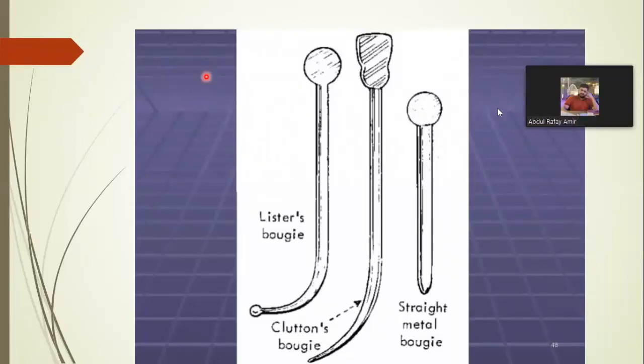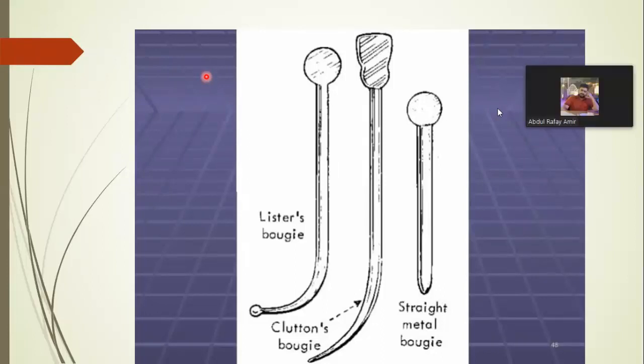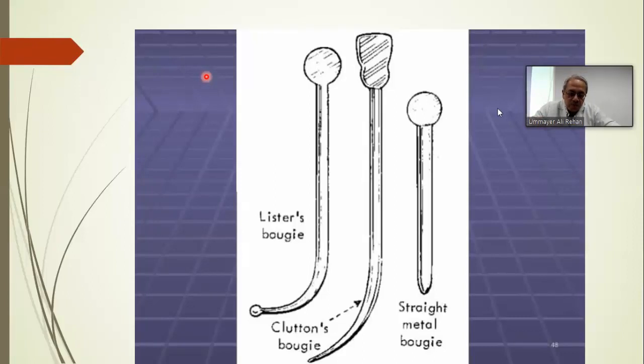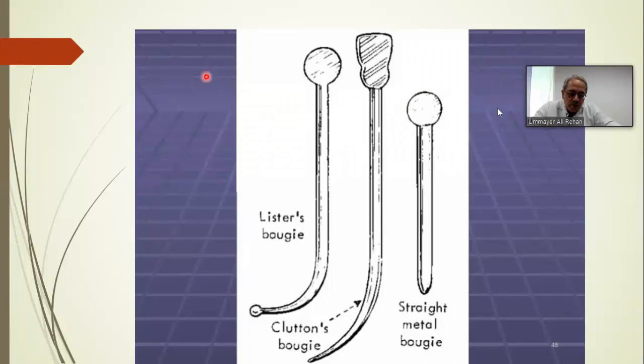The problem with them was whenever you insert the urethral stents, they tend to migrate. And when they migrate, they actually go into the bladder because that is the bigger space proximally. So once they migrate into the bladder, then they have to be removed, and the removal is quite cumbersome. You can't remove them in many cases through endoscopy or cystoscope. You have to open the bladder from above.